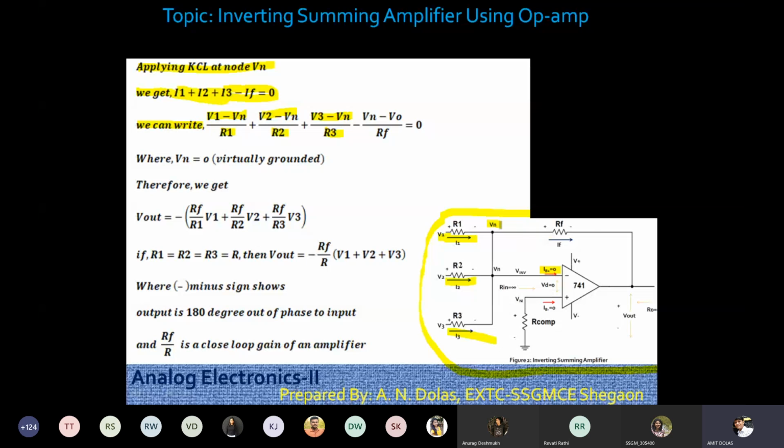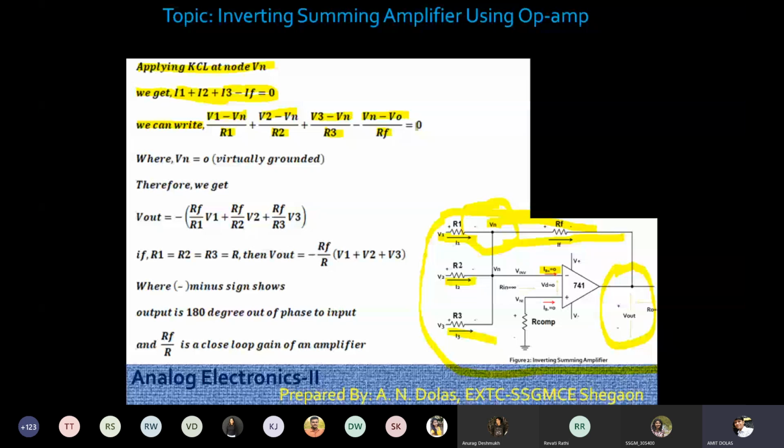Now you can see here current is passing into RF in this way. So first will be Vn and the other will be this end. What is this end? This end is the output. So I wrote Vn minus V0, that is the output, divided by the feedback resistance RF, is equal to 0, which we already have in this equation.